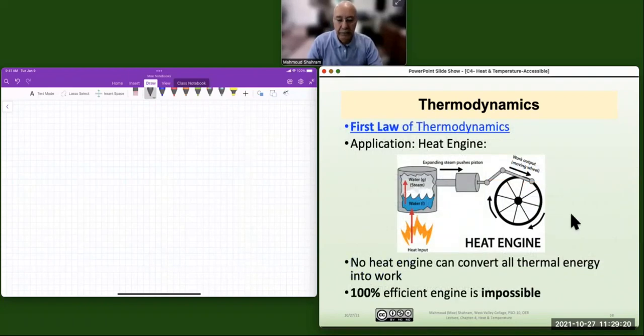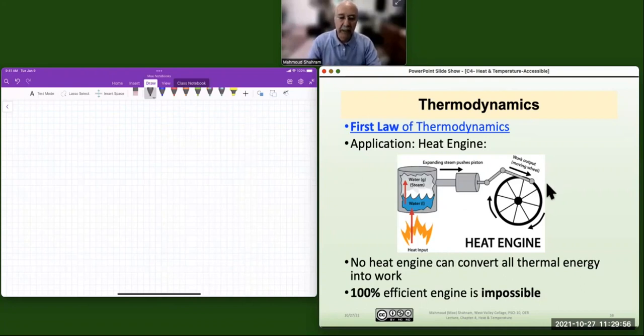Application of the first law is that, hey, you can actually make a heat engine, make the train move. You heat up water, the internal energy increases, pushes some sort of a piston here. The piston can turn the wheel for you. So there you go, heat energy, first law of thermodynamics.